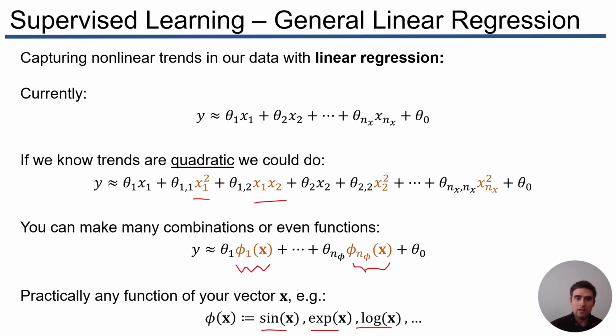As long as these nonlinear transformations, which again we call the basis, are only of the features, or only of the inputs, and our parameters still appear linearly, we can still do practically linear regression. And that's what I'm going to show next.